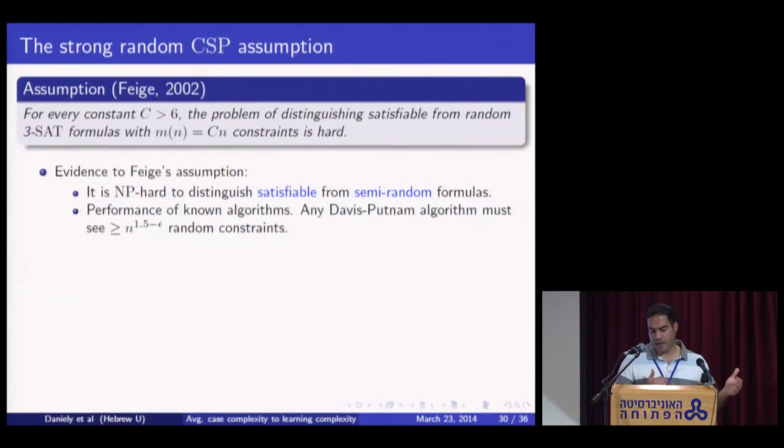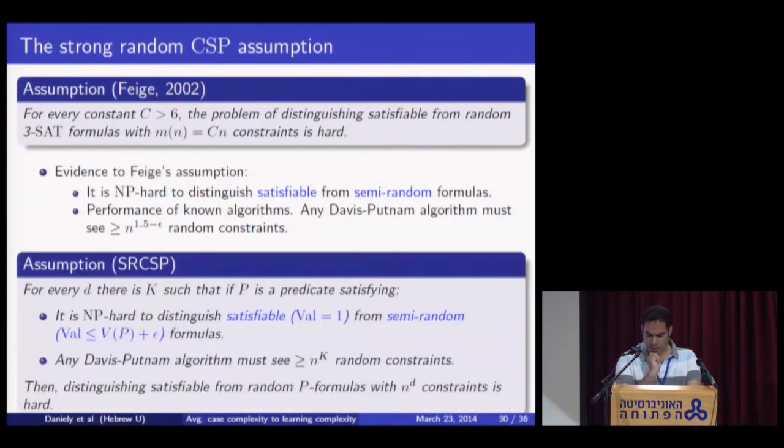And we had another evidence, which is the performance of the best known algorithm. Here we don't have this evidence because it is not the case that each and every predicate has been studied, of course. So here is the assumption. We assume that for every d, there is k, think of k as much, much larger than d, say 2^d, or 2^(2^d), or as large as you want, such that the following holds.